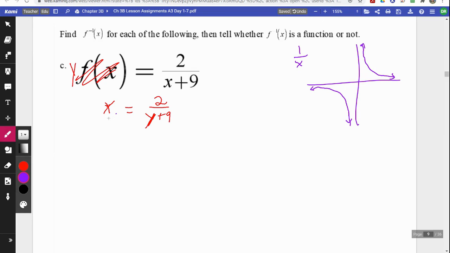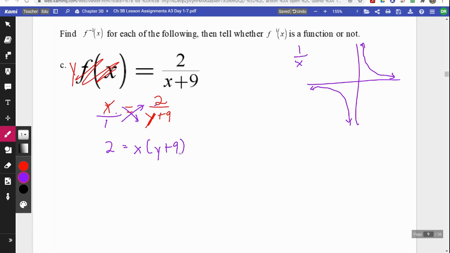I want to notice right away that I have a fraction equaling a fraction. So see, x is a fraction over 1. Whenever you have something like this, it's nicest to cross multiply. 1 times 2 is 2, and then x times y plus 9.